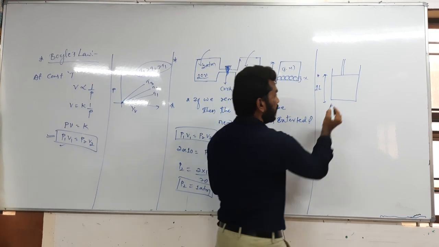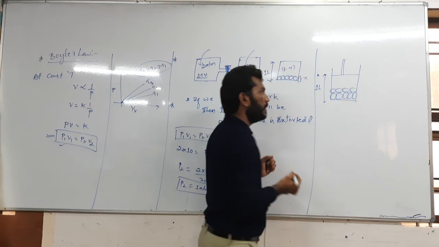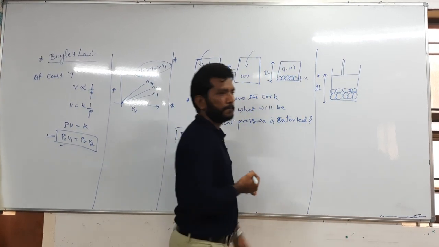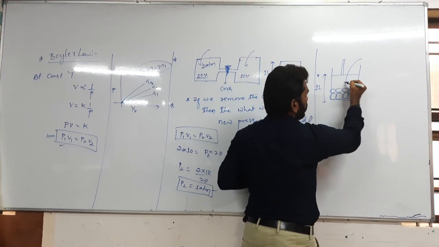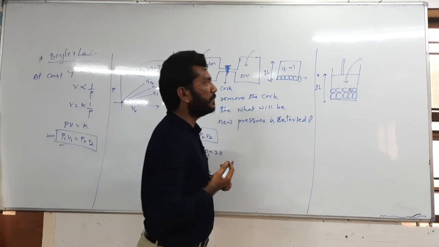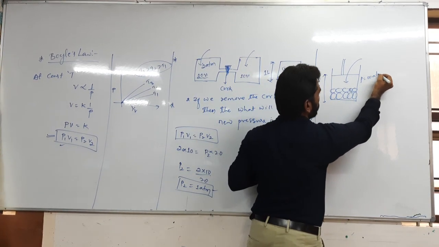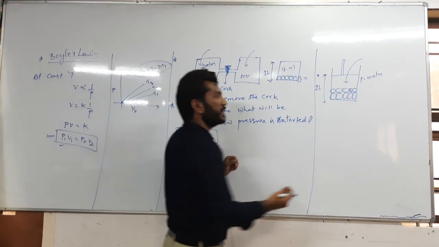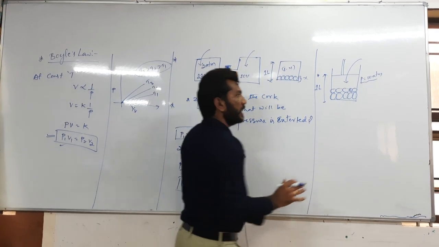That container has 10 marbles in it, and the pressure exerted by the gas molecules is 10 atm. In this particular scenario the pressure exerted by the gas is 10 atm.